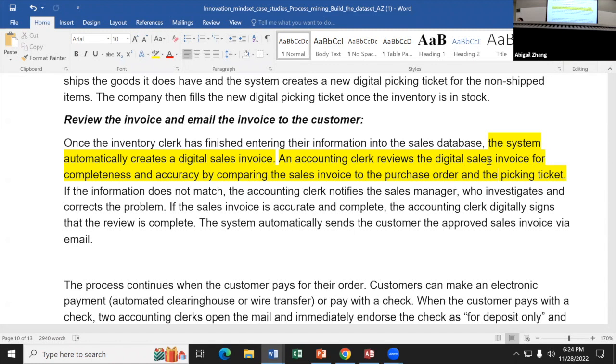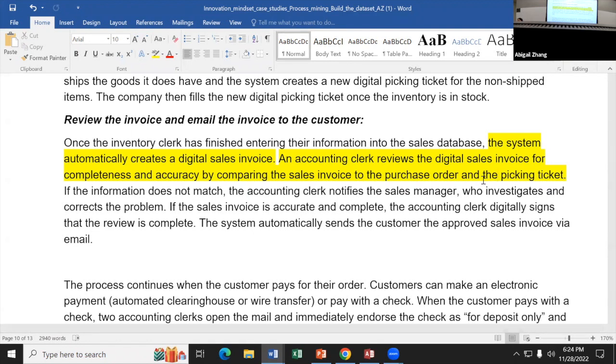However, for some reason, the sales invoice says Jaden ordered 11 computers, so let's bill him for those 11 computers. In this case, we're overbilling the customer, right? So that's a potential reason we have to do this check, to prevent us from recognizing 11 computers as revenue instead of 10.